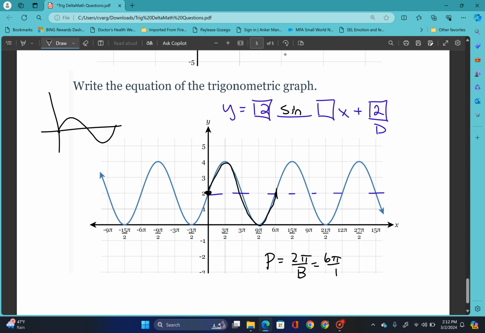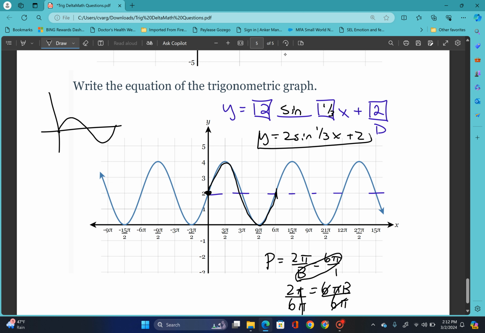When we cross multiply here, 6 pi times b is 6 pi b. 2 pi times 1 is 2 pi. Look what happens, right? See the 6 pi? It drops down to the bottom. So the pi's cancel. 2 over 6 reduces to 1 over 3. So our b is 1/3, okay? So I have y equals 2 sine of 1/3 x plus 2.